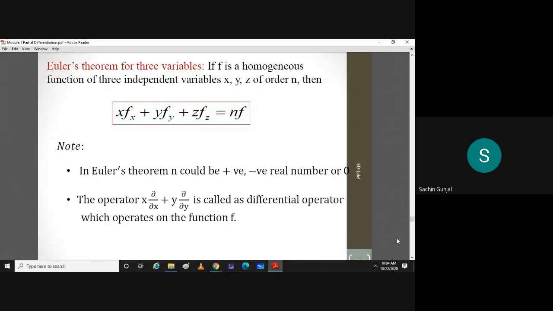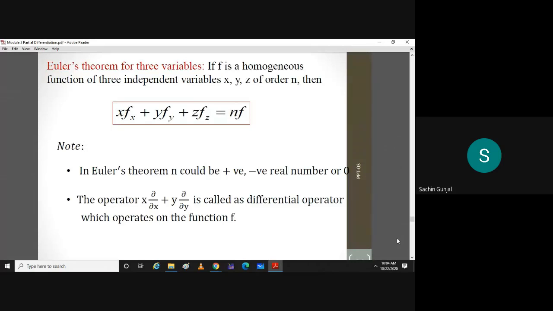Now, is sine u homogeneous? Yes, sir. And what is its degree? 2. Degree is 2. So this is one important point to note.